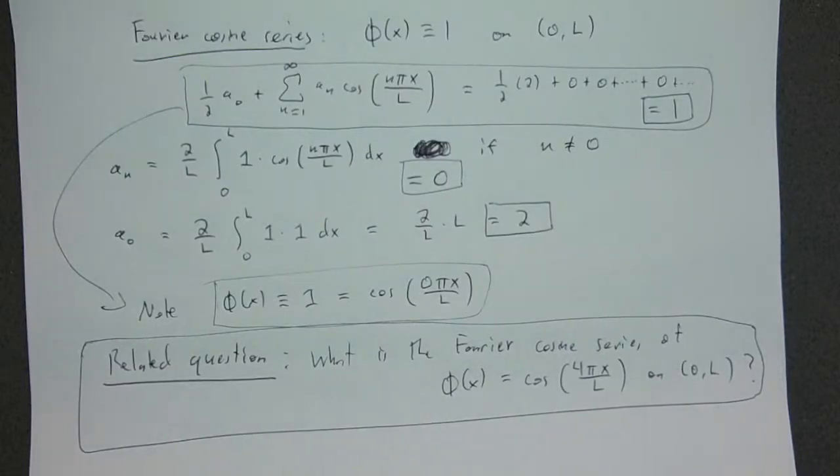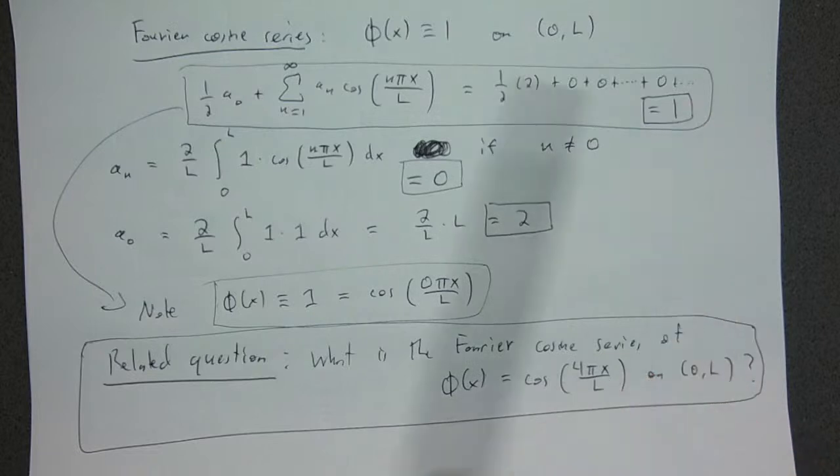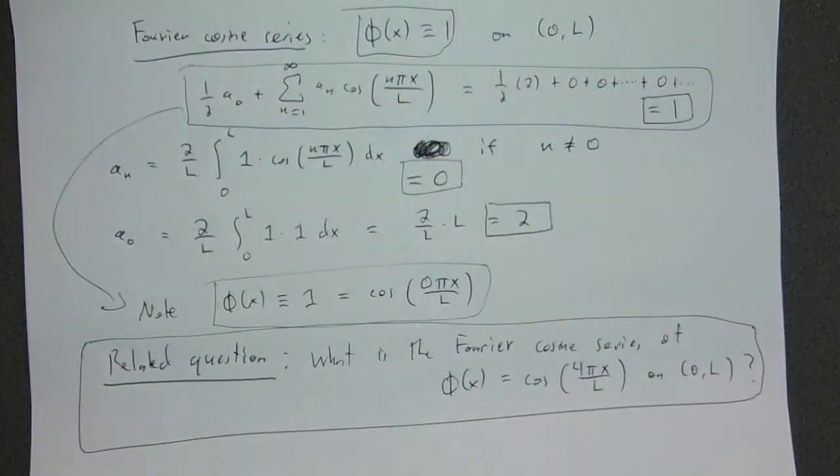Of course, you could do this with the Fourier sine series, having your starting function being some sine here. So the idea here is, the Fourier cosine series is trivial in the sense that I can easily write it down. It's actually just a single term here, because the function you started with was exactly one of these things.